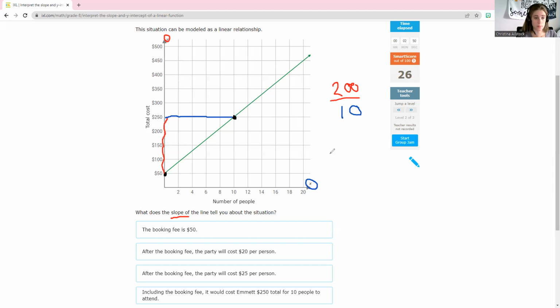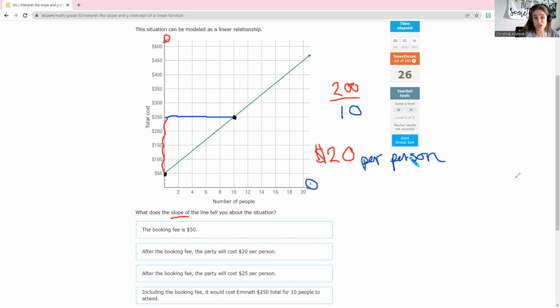But it would be 20. Now, our label is going to be in the same order, our y over x. So our y label is cost, so it would be $20 per our x label, which is number of people. So it's $20 per person.